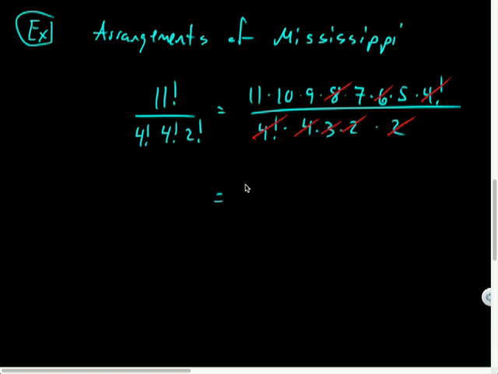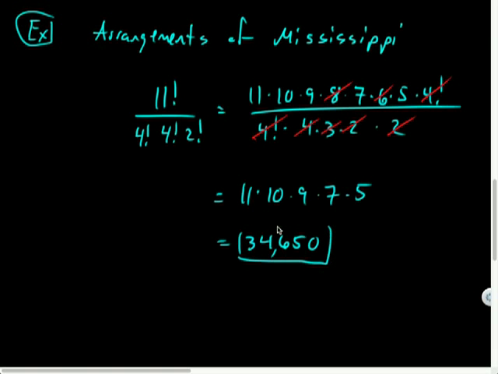So this is equal to 11 times 10 times 9 times 7 times 5, which is 34650. Not bad, right? So that's the idea of permutations with repetitions.